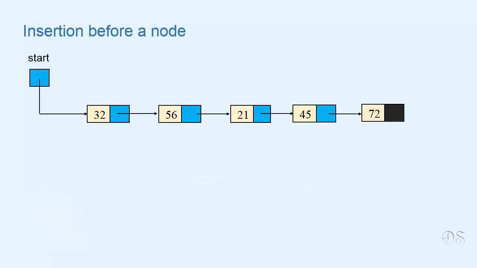Now let's see how we can insert a new node before a given node. Suppose we are given this value x and we have to insert a new node before the node that contains x. If x is 45, then in this list we have to insert a new node before this node. That means we have to insert a new node between these two nodes. And for that we need a pointer to this node.